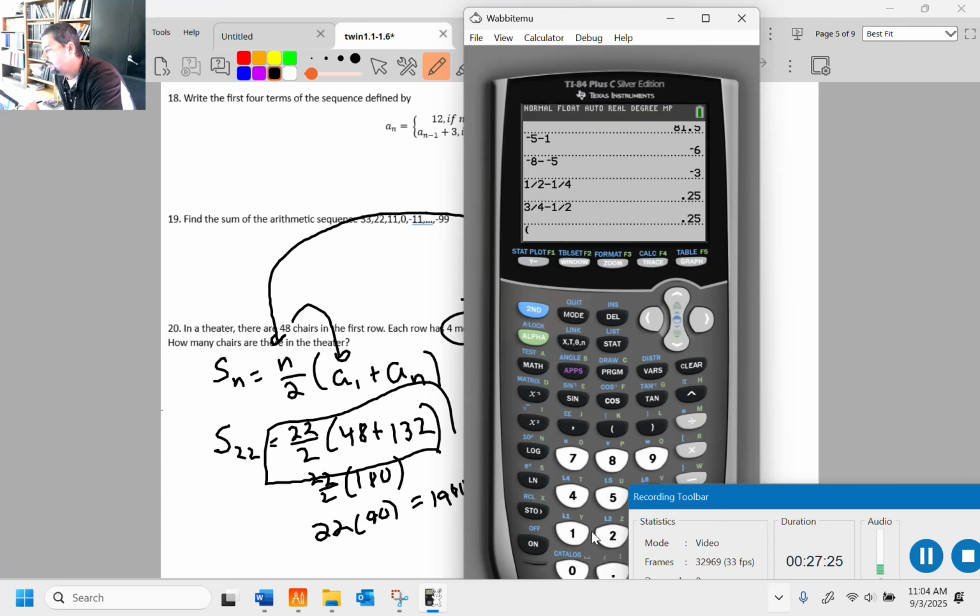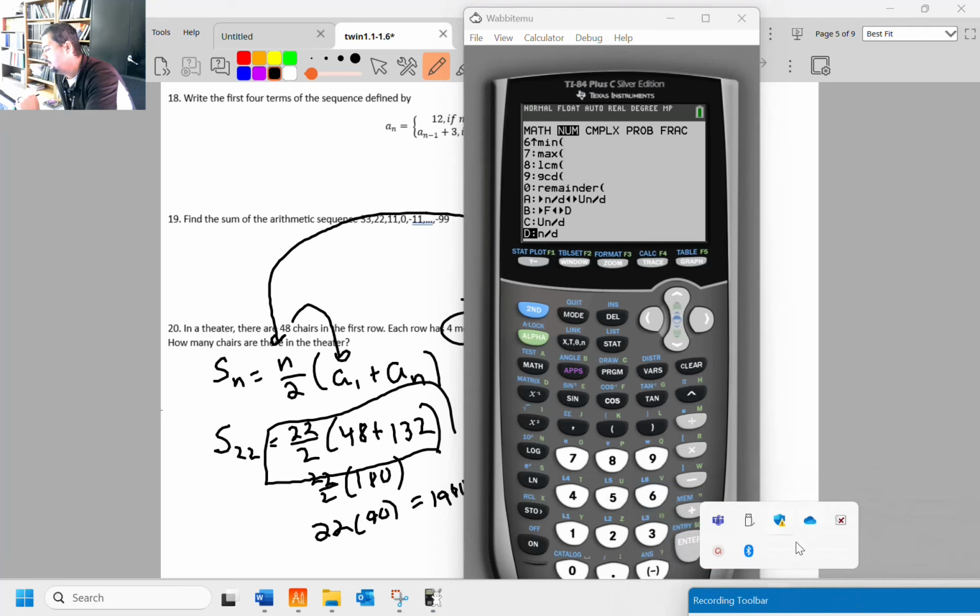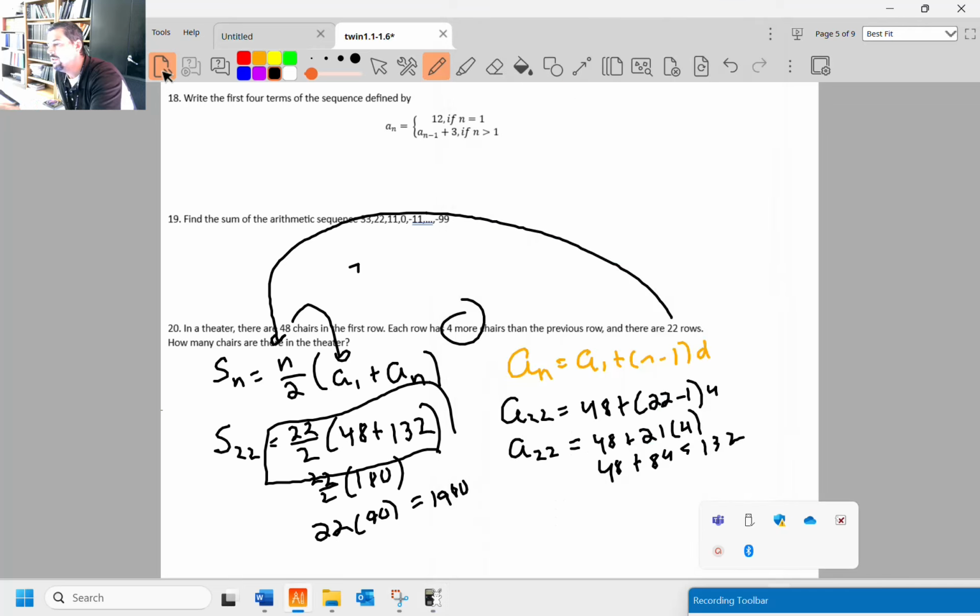So we had a 22 over 2. Actually, let's just do this proper. We had a 22 over a 2. Set of parentheses. We had 48 plus 132. And was Milbrath right? Milbrath was right, 1980 chairs.